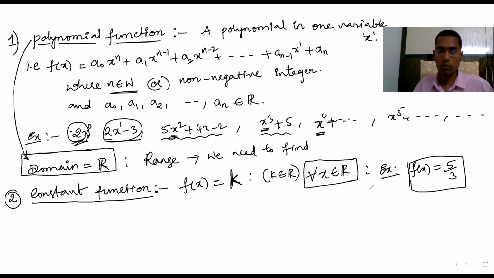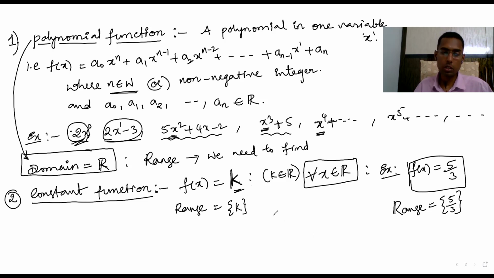What is the range here? Very simple. For all real numbers, it is only the constant. The range is the singleton set {k}. So here the range is simply 5 by 3.